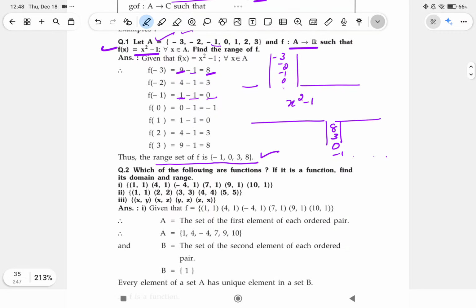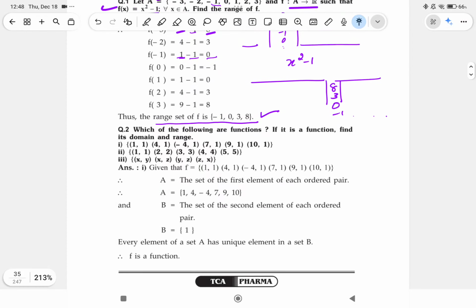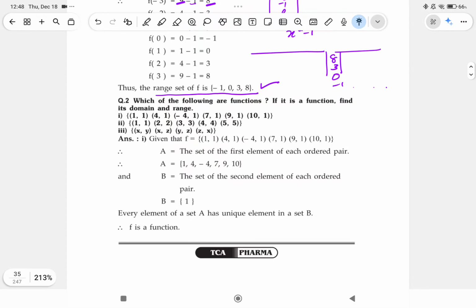That means your output is what? Your output is 1 and that is your range. Okay. Every element of the set A has a unique element in the set B. So f is a function. Okay.